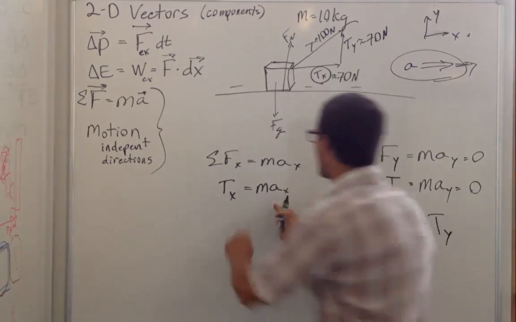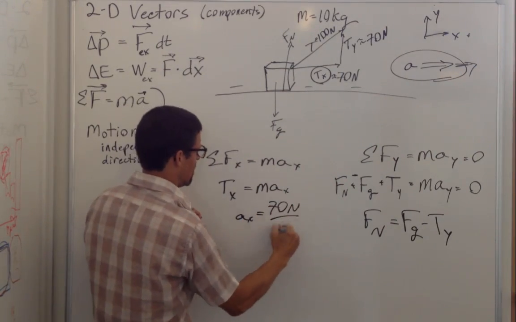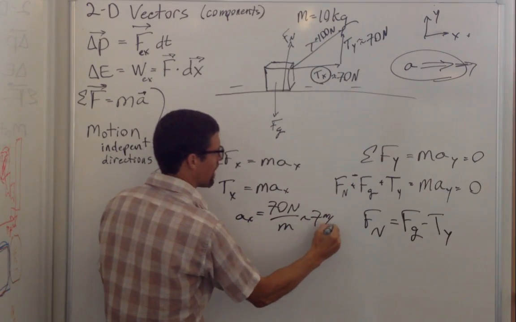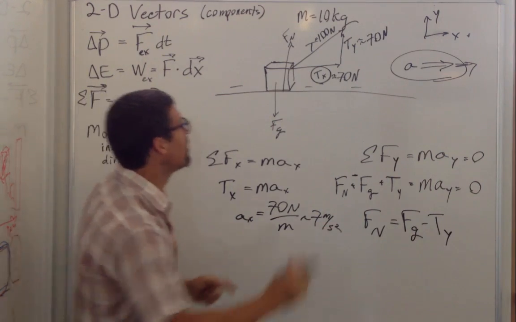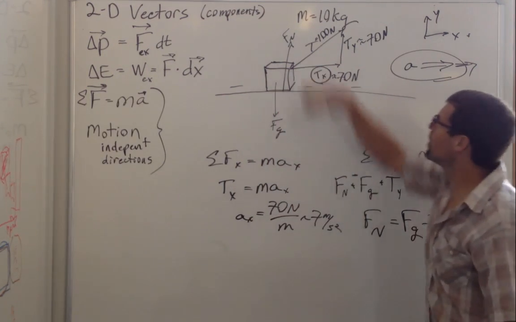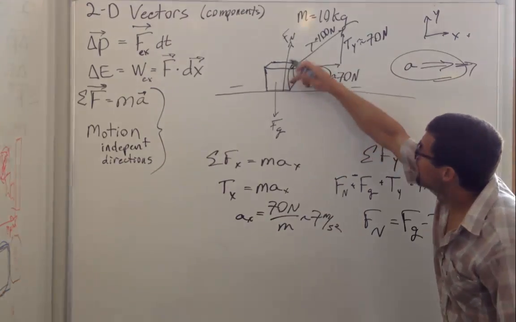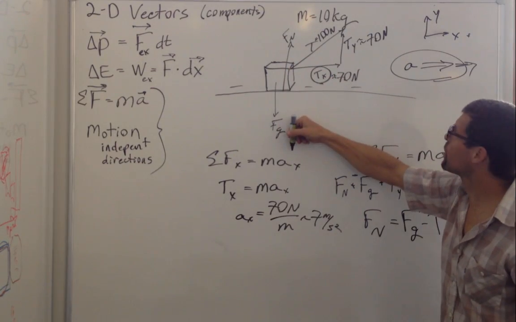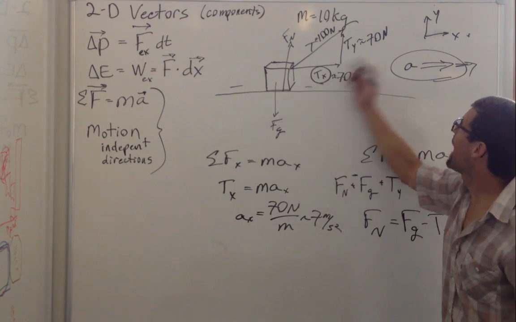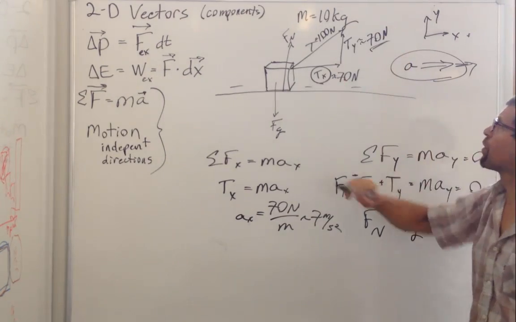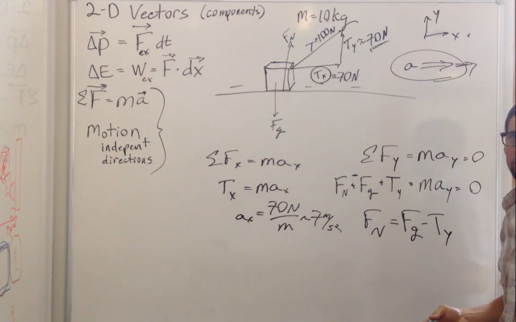So my acceleration in the x direction would be about 7 meters per second squared, and the normal force pushing upward would be equal to this 100 newtons downward from the force of gravity minus how much I was supporting. So it would be about 30 newtons upwards.